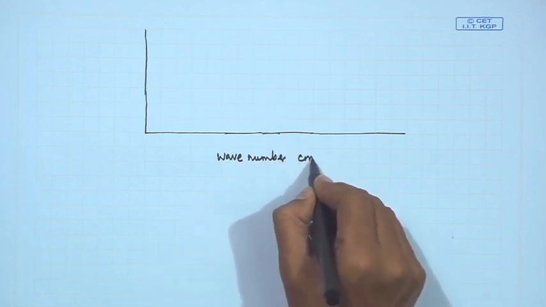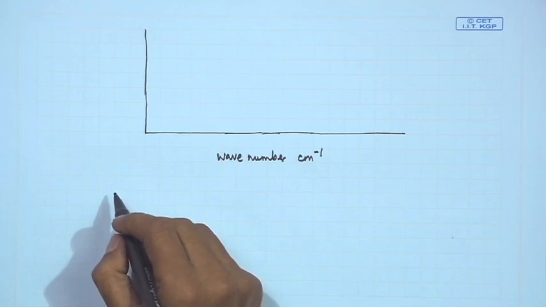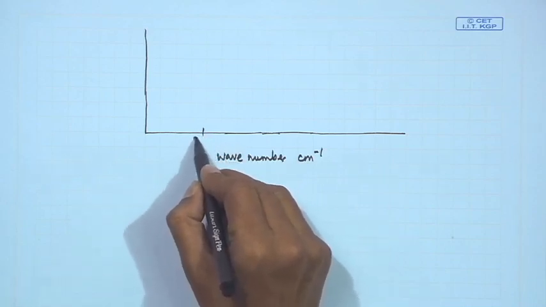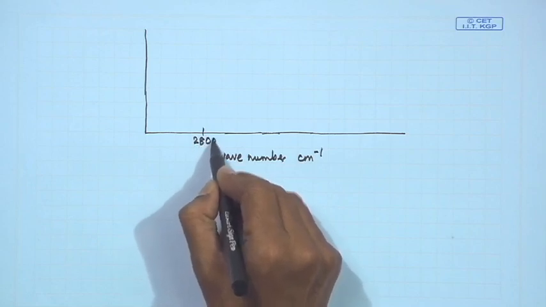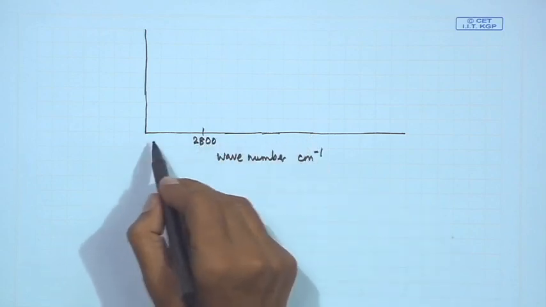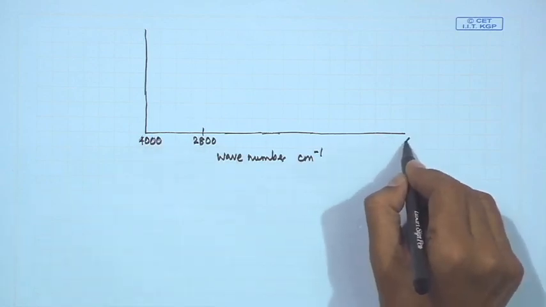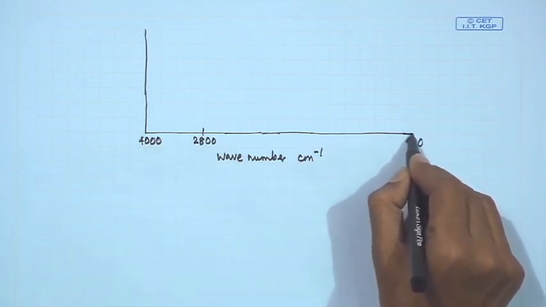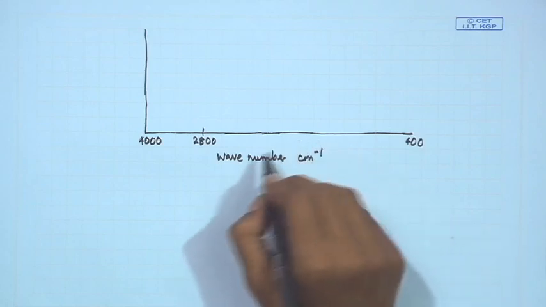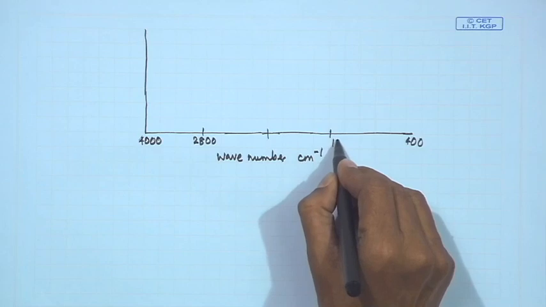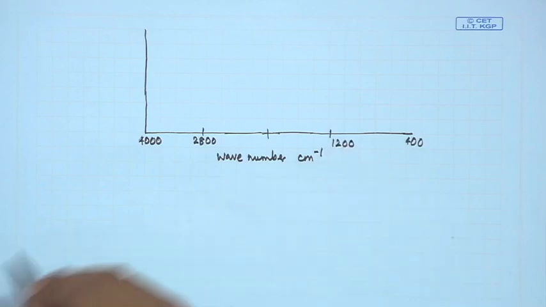Now it is in wave number, centimeter inverse, and we can have, say, 2800, because we start from 4000 to 400, which is the normal range, and at some point also 1201.